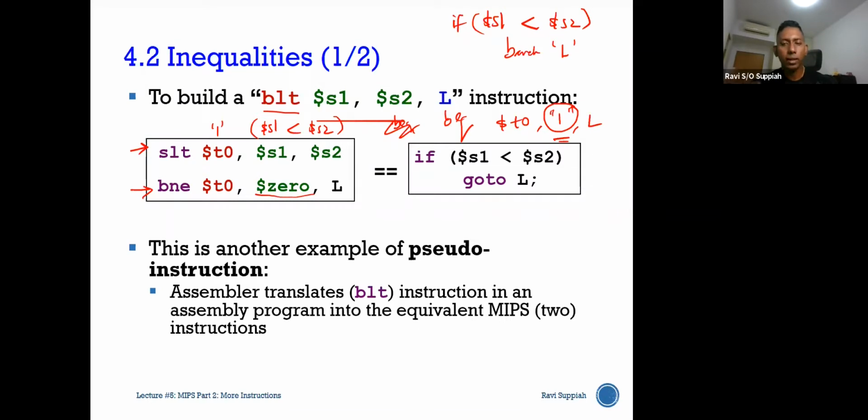The whole idea of pseudo instructions is to make life a bit easier for the programmer, to implement some of these common operations using the provided assembly instructions, but they will still be translated into two or more instructions at the actual processor level. So let me show you that.